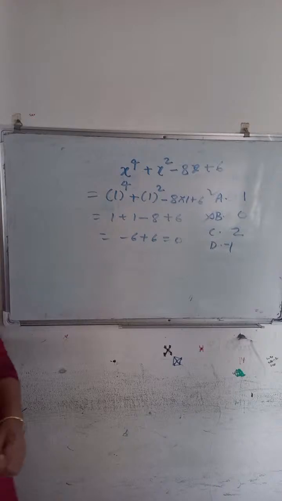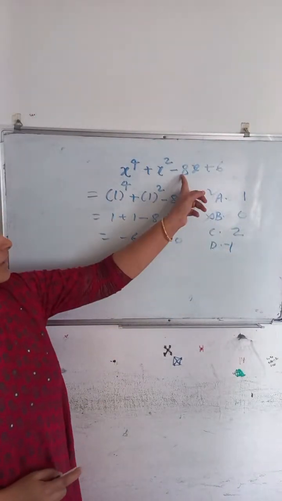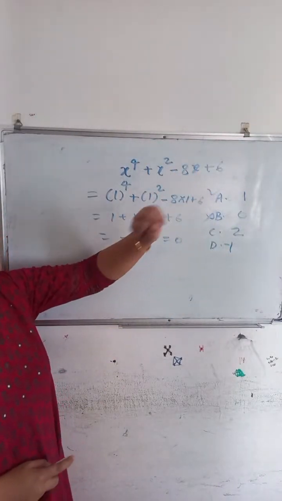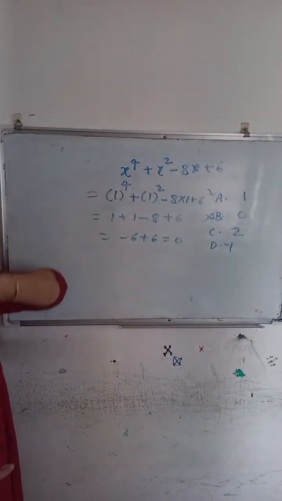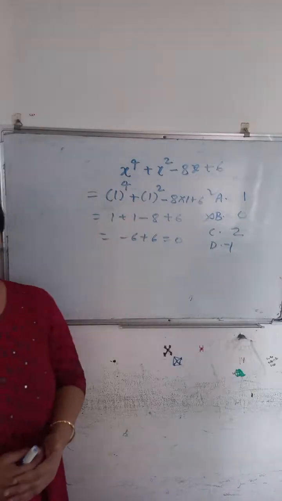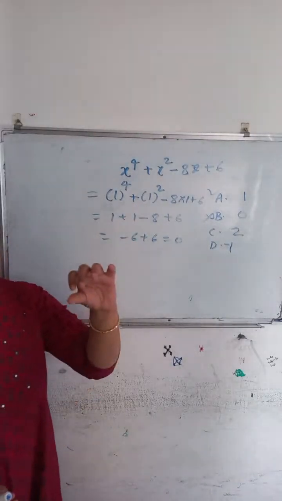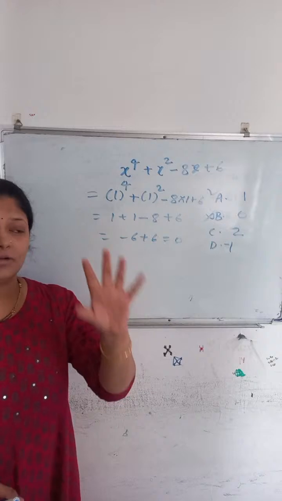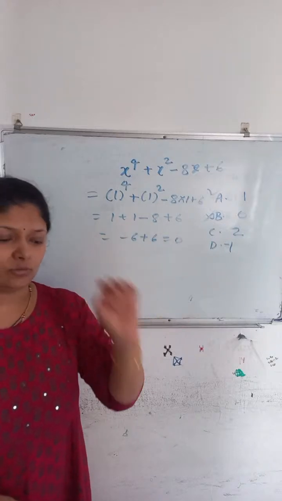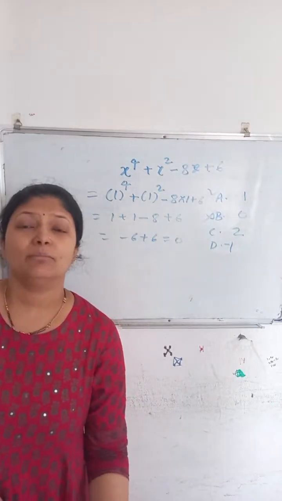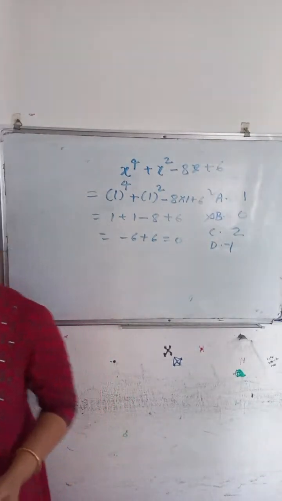Because if we take minus 1, the minus 8x will become plus, so we will not get the answer. So option A is the correct option. If the polynomial has a zero, then by putting that value in the equation, the answer should be 0. Then only we can say that number is a zero of the given polynomial. Getting this?